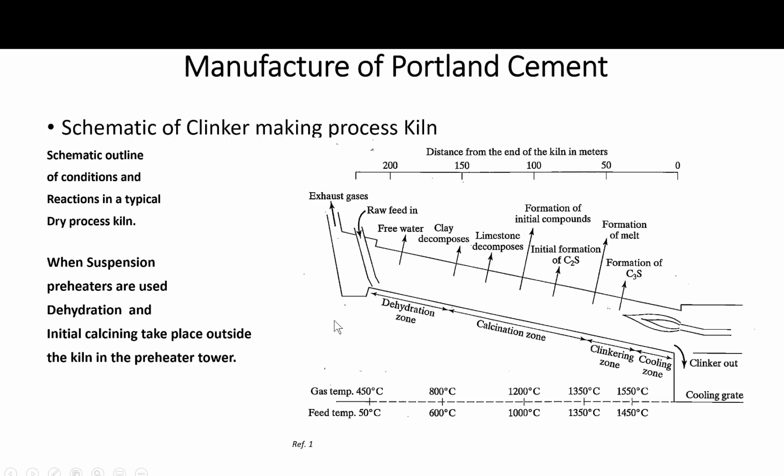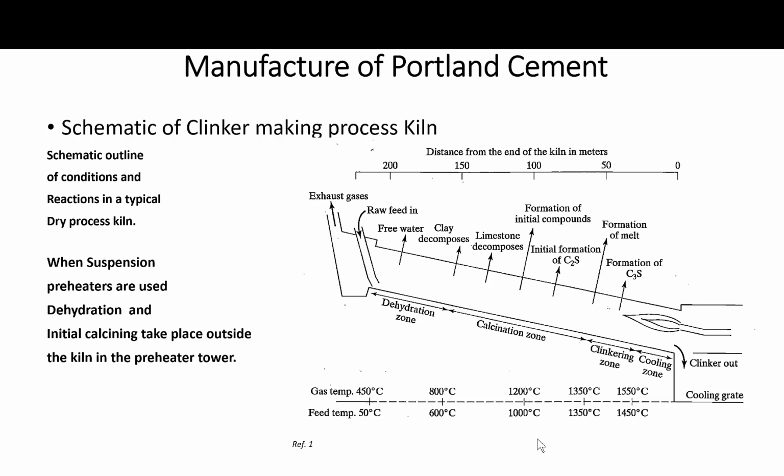I will show a schematic of that a bit later. But this is generally what happens in a kiln. You see how the kiln is basically a long vessel in which certain processes take place. They are dehydration, calcining, clinkering, and cooling. We will define them later.